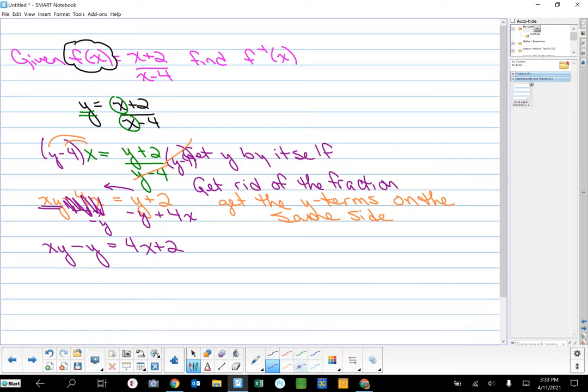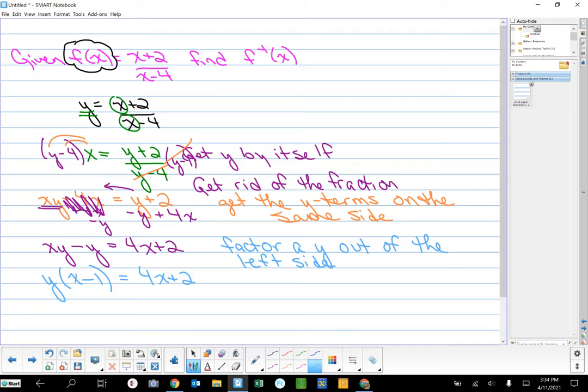Okay, now on this side, I can factor a y out of the left-hand side. So I'm going to factor a y out of here as the GCF. And that leaves me with x minus 1. And that's equal to 4x plus 2.